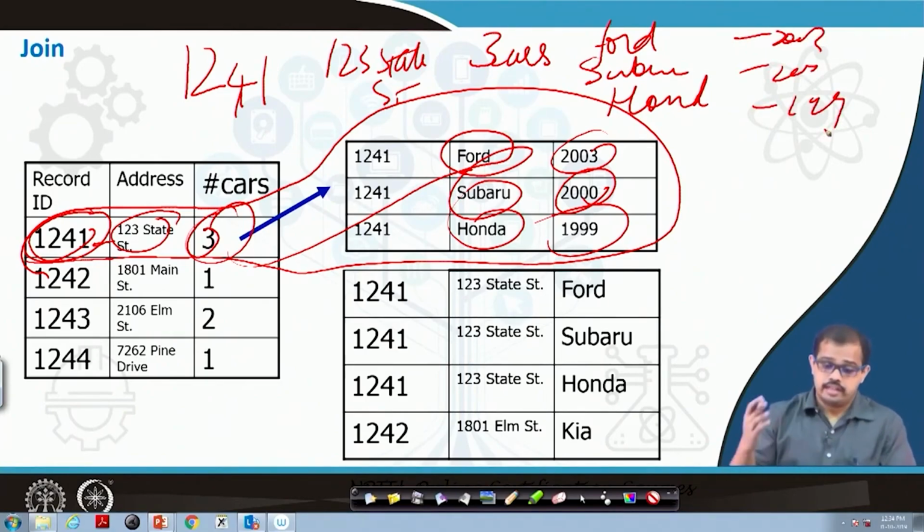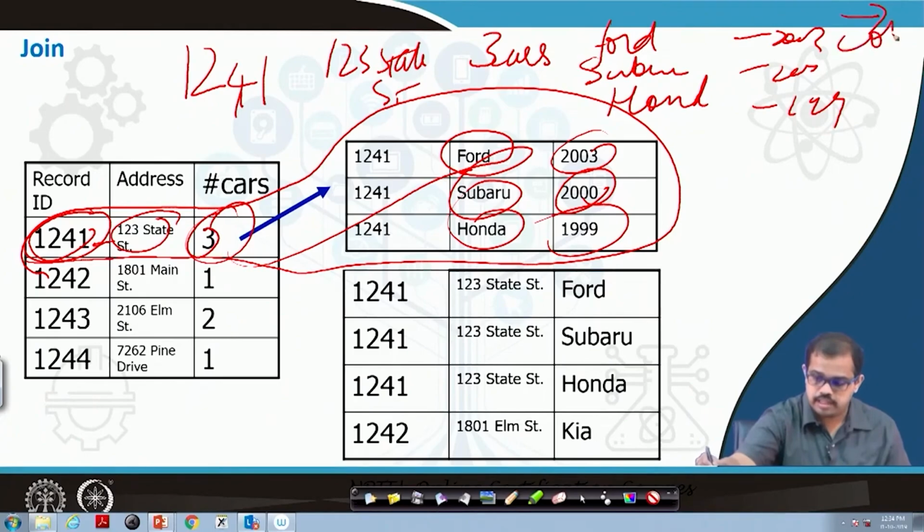Again, if someone gives a query for color, and the color is in another table, that is also joined into it as red, green and black.